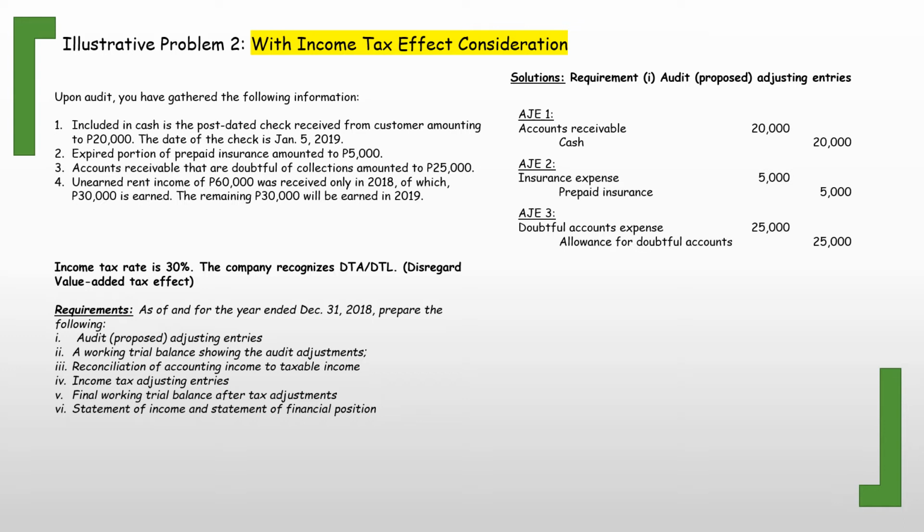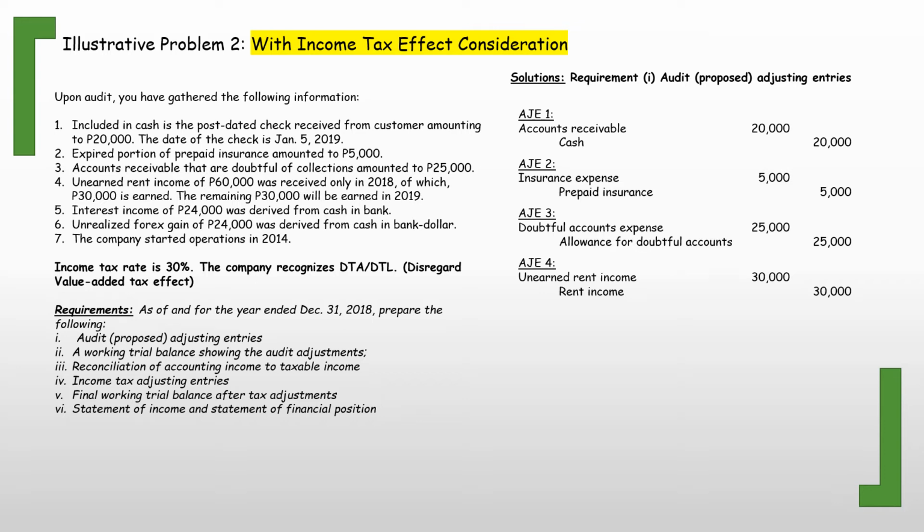The remaining 30,000 will be earned in 2019. Our adjusting entry is to recognize the earned portion of the rent income. So debit unearned rent income 30,000, credit rent income 30,000. The information for number 5 to 7 will be used later.